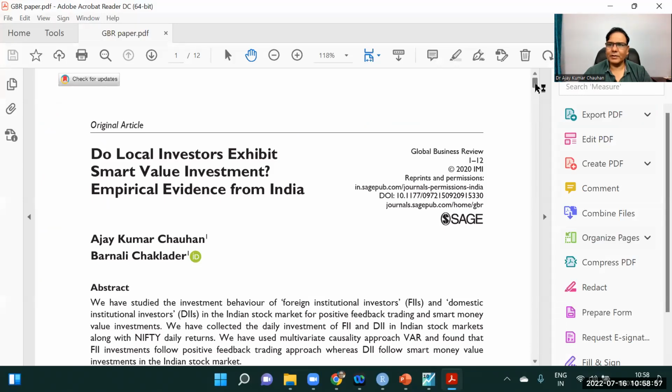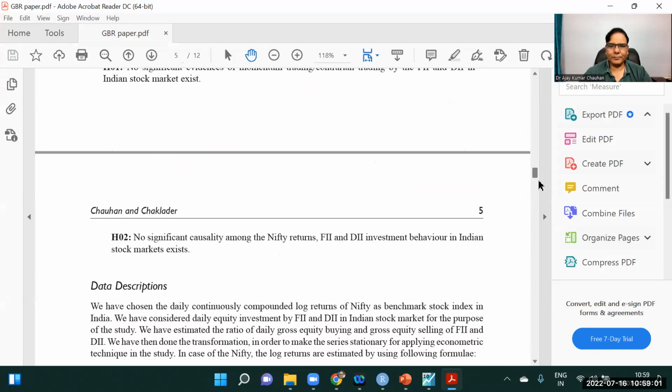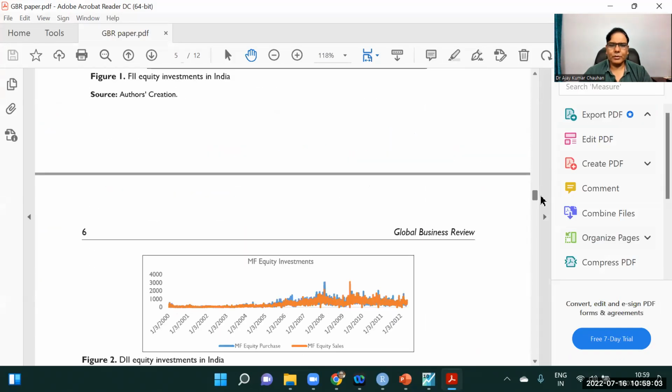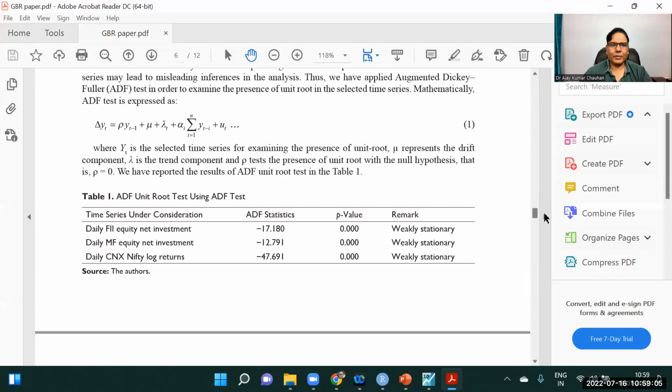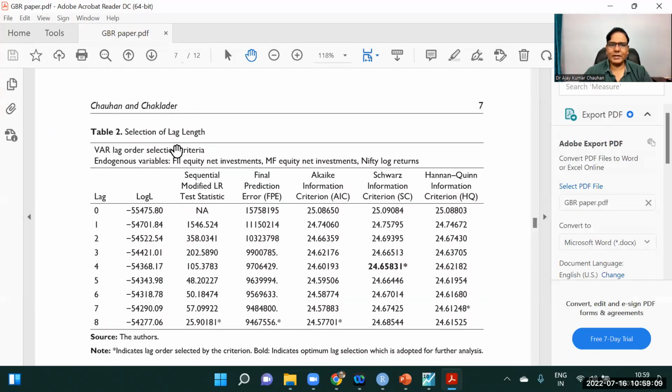In this paper, it is my paper on the same data set which I am showing you. So you can see that this is a selection of lag length, and we have reported that Schwarz information criteria is suggesting the 4th lag. So we go for 4th.